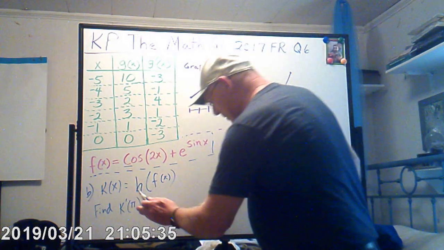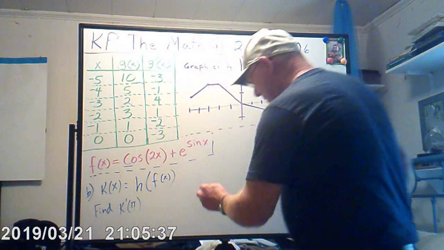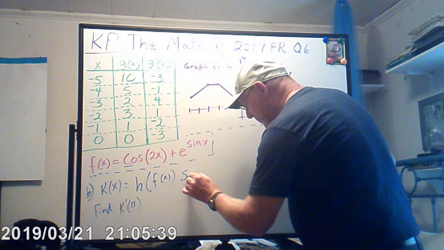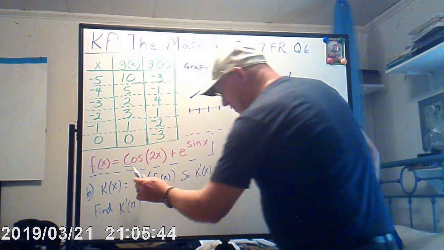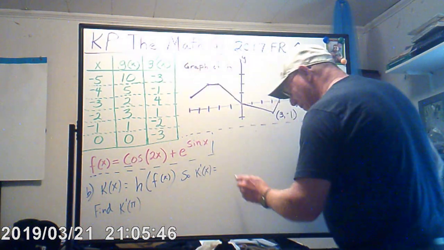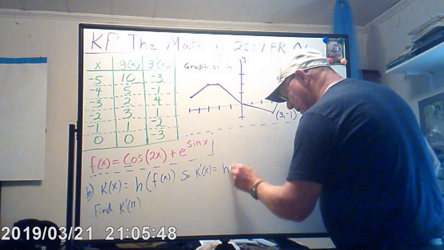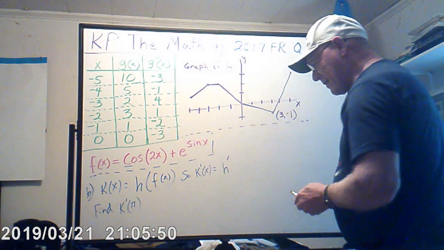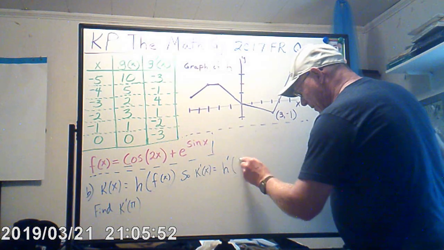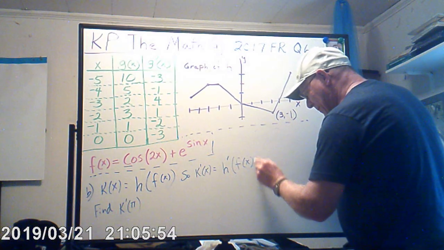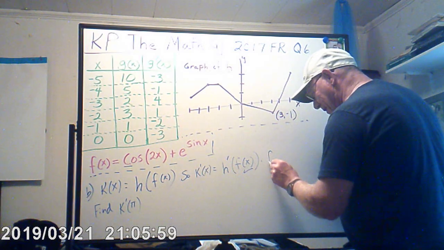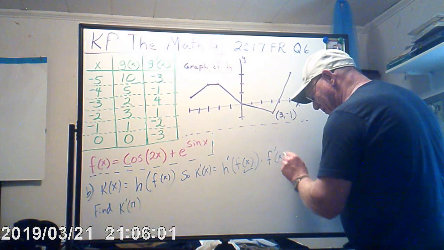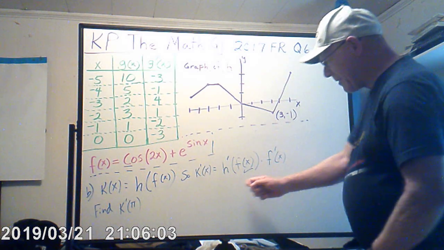So k prime at x is h prime at f at x, times the derivative of this, which is just f prime. Just put the prime symbol up there. That's the chain rule right there. See that?